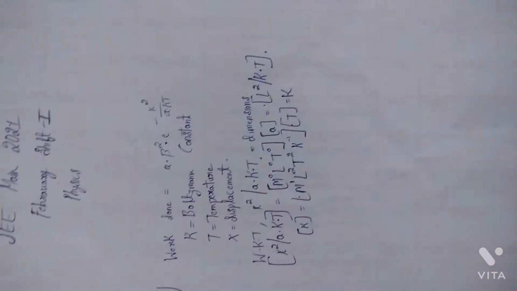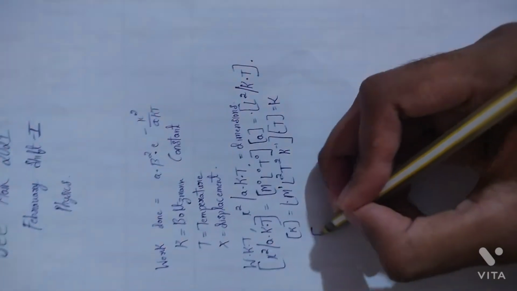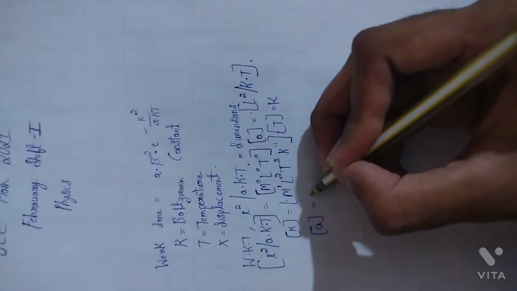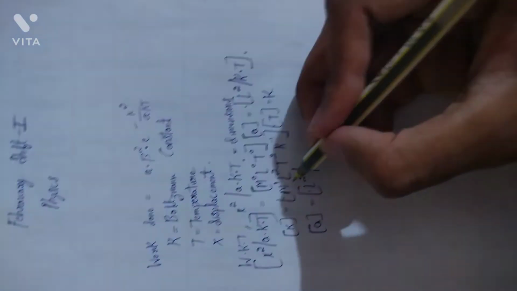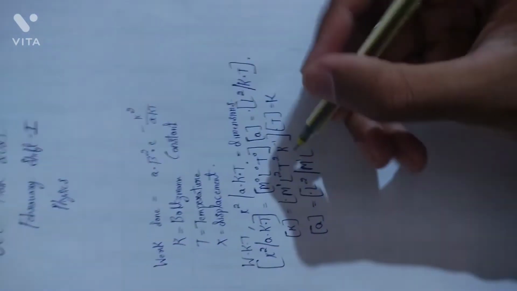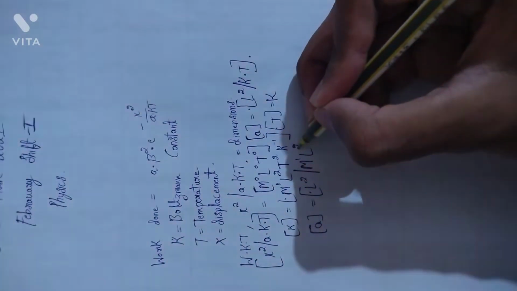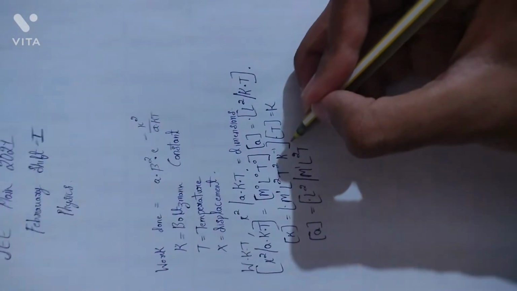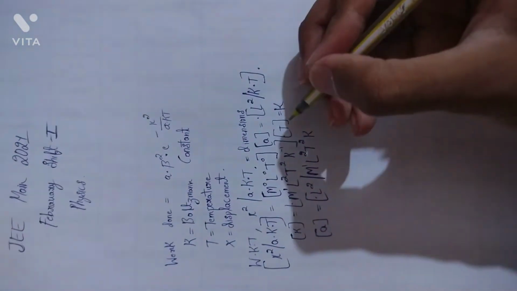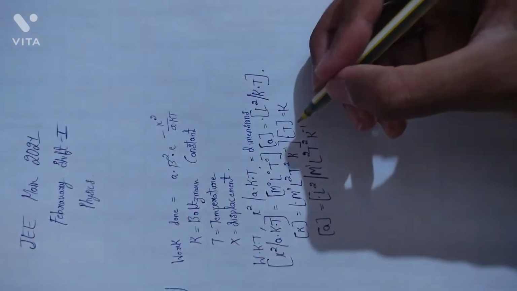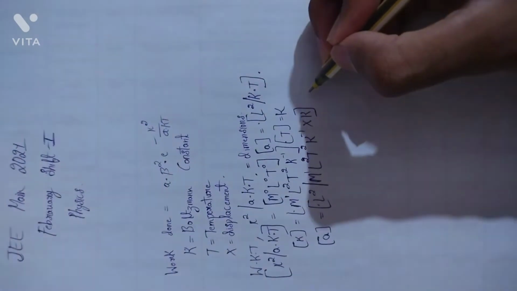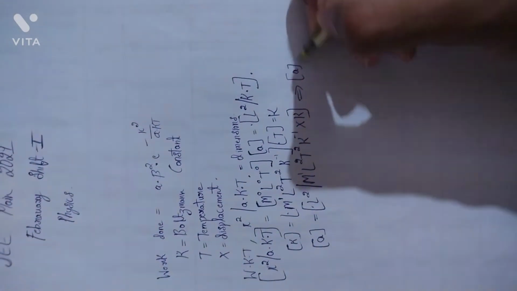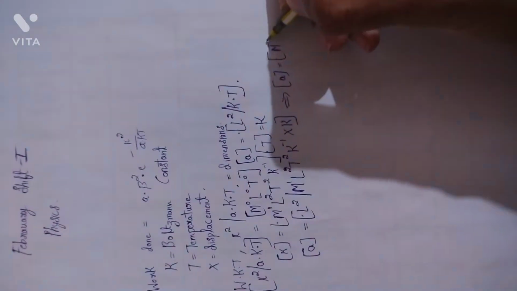If we come to A, it is equal to L square by M1 L2 T2 K inverse into K, so A is equal to M inverse T2.